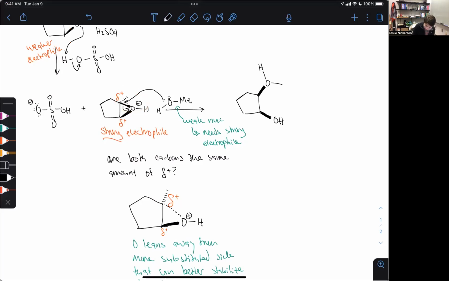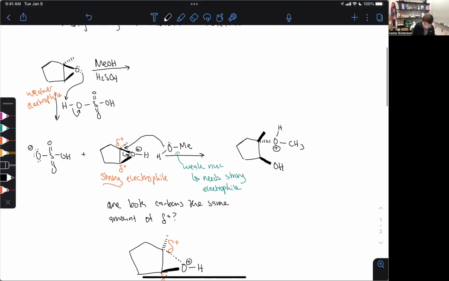Okay, so if my epoxide is facing forwards, that methanol is going to be coming from behind, and we're going to end up here. At this point, I just need to do a final deprotonation to get to my final product.